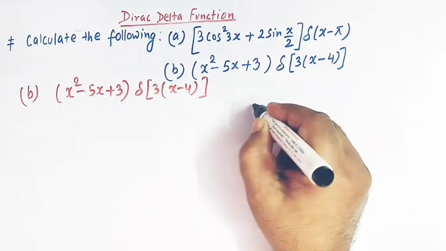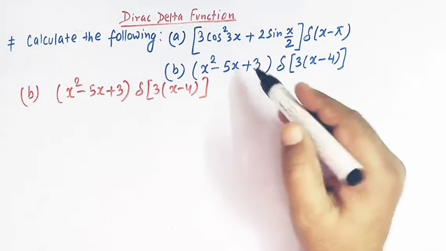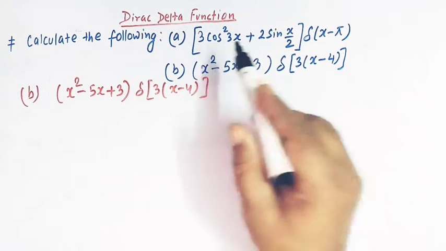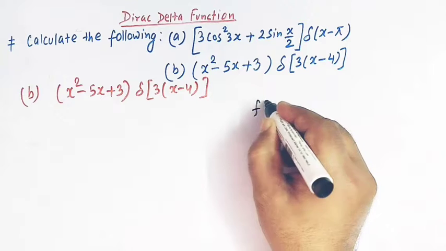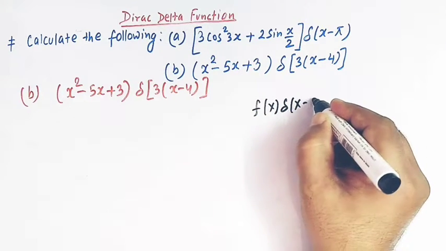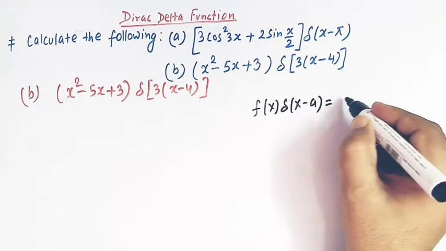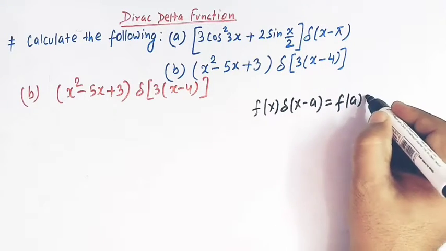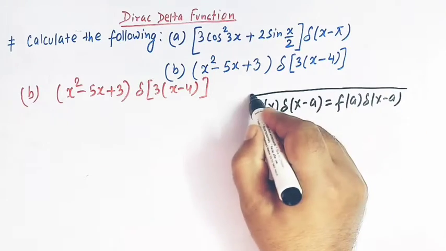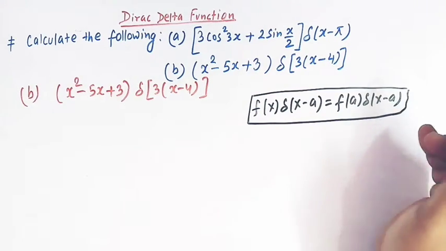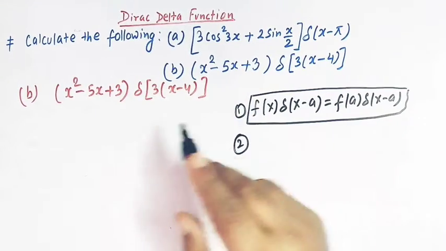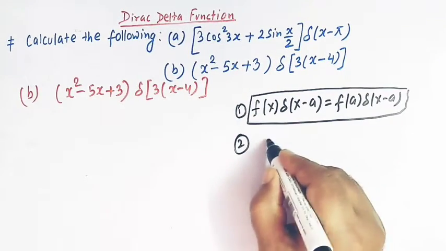The first one is the relation which we used in solving the first problem: f of x delta of x minus a is equal to f of a delta of x minus a, right? So this will be the first relation.